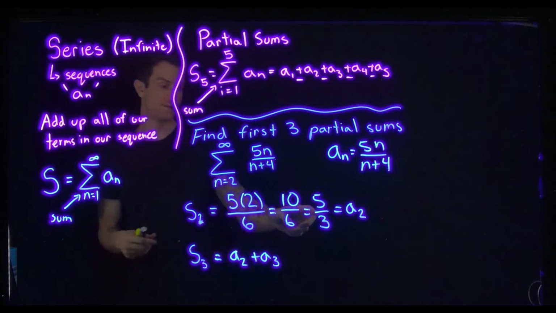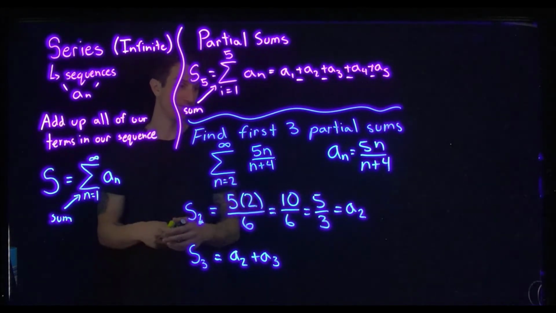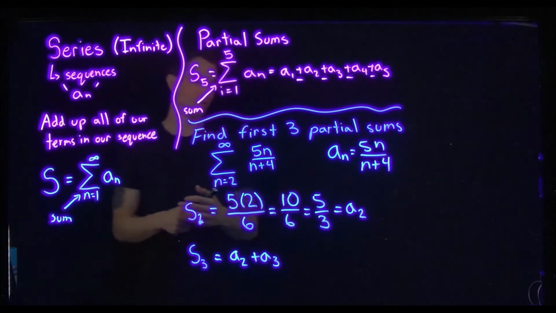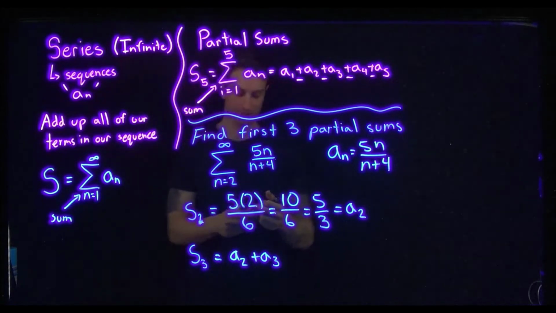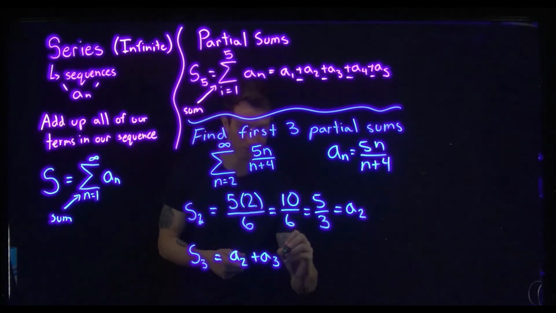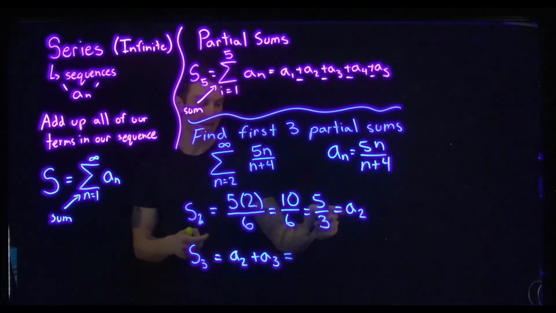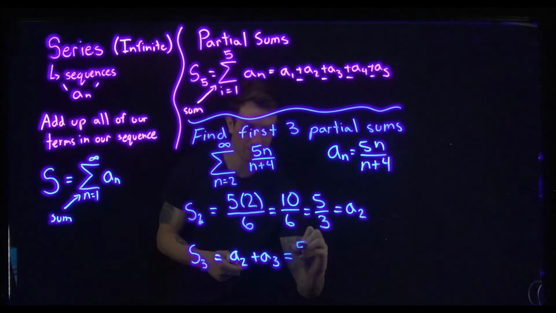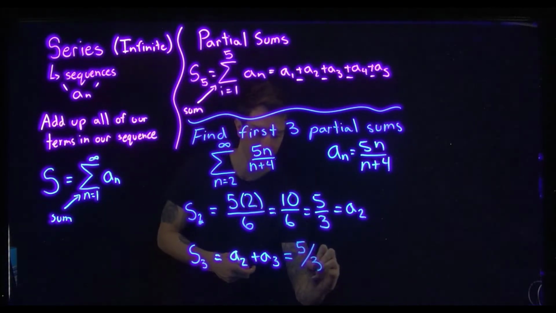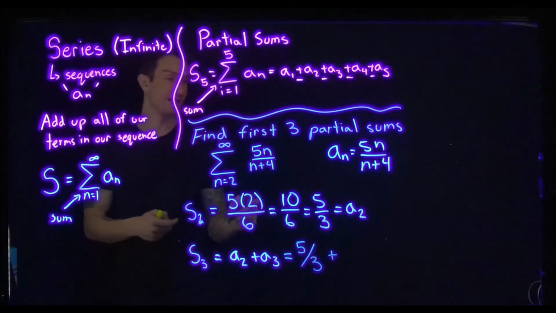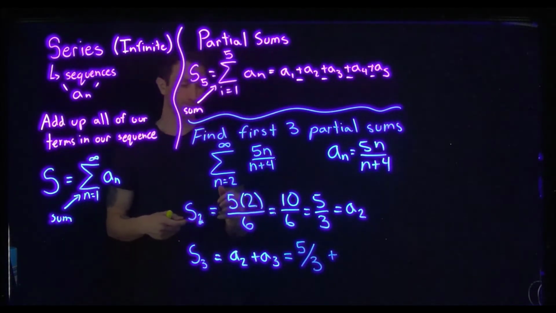But the good news is I already have A2. So all I need to do is calculate really what A3 is. So this ends up equaling A2, which is 5/3, plus, now I do need to go calculate what A3 is.